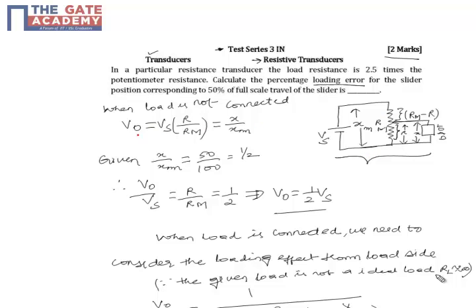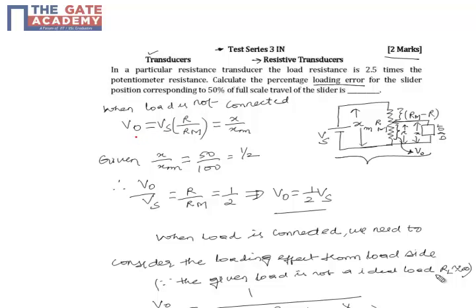So we get the output voltage when there is no load connected, taking the output from here. V output is equal to supply voltage times the resistance, so the more the slider moves up, the more the value of R, and we get more output voltage.